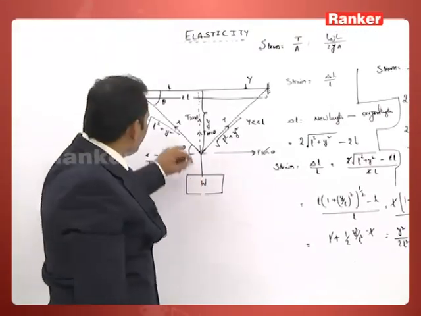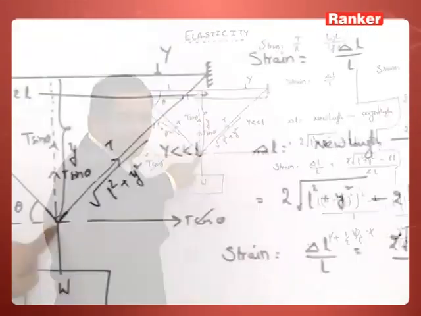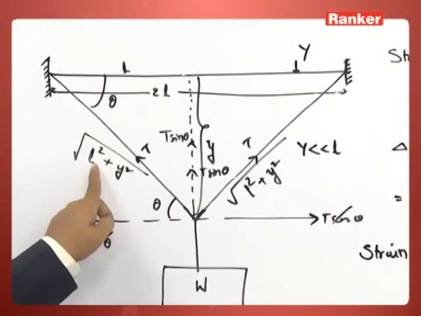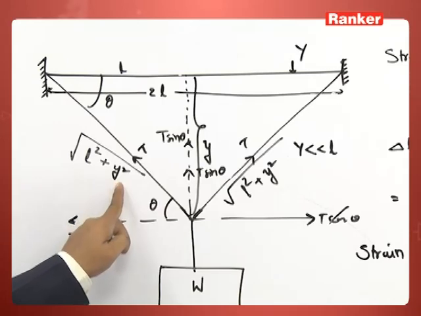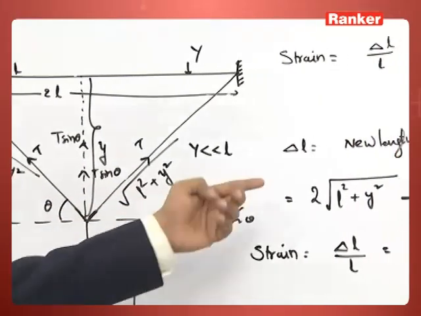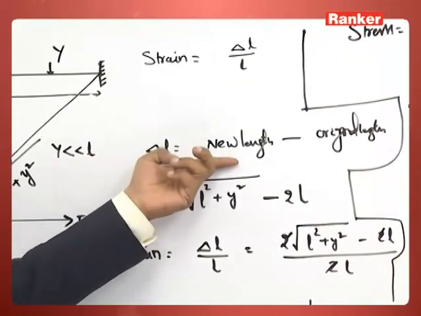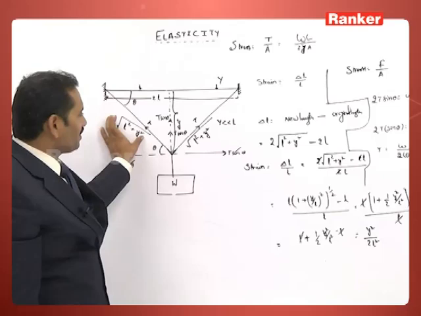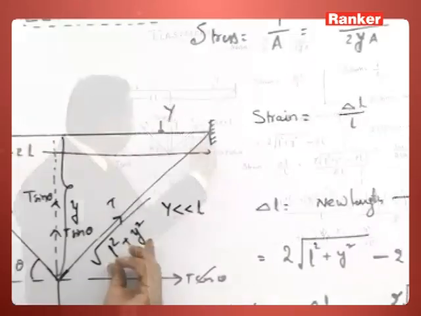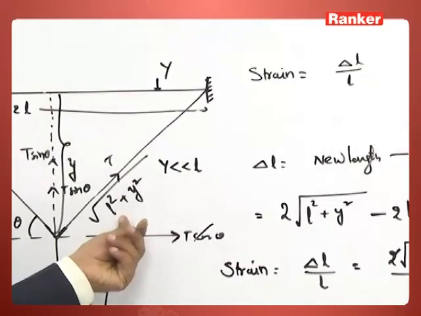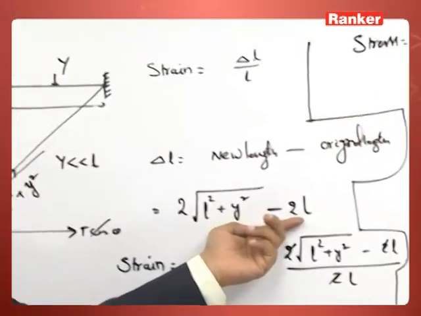Suppose it is displaced by y distance, then by Pythagoras theorem the hypotenuse is square root of L square plus y square. Here also square root of L square plus y square. Change in length equals final length minus original length: 2 into square root of L square plus y square, minus 2L, the original length.